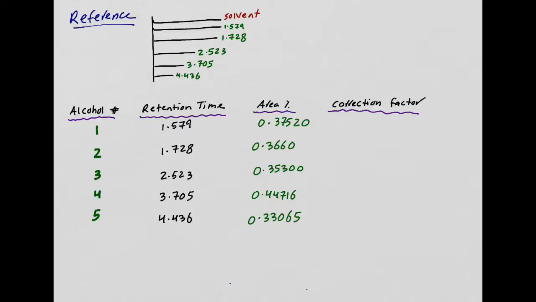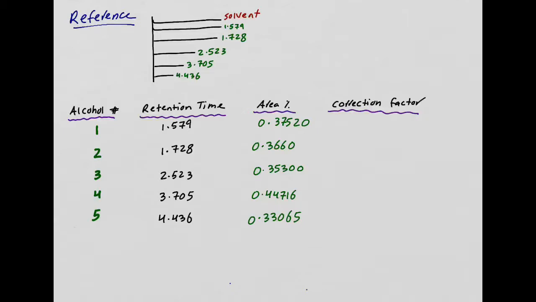And this is why we have to apply a correction factor, because we know these are all supposed to be the same percent composition, but that's not what we see here. So let's apply the correction factor. And this is why we have the reference, because we make the sample ourselves. We make sure that all the percent compositions are the same, they're equal volume, and then when we don't get the same area percent, we can apply a correction.